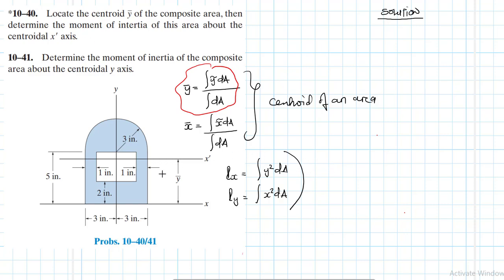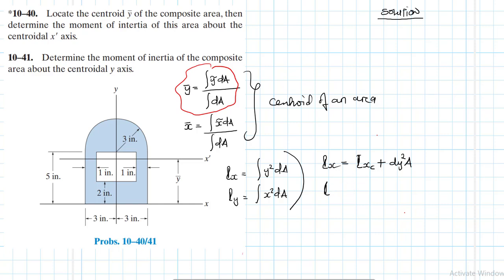So we are going to use the parallel axis theorem. For moment of inertia about the x-axis, we'll have I sub x is equal to the centroidal moment of inertia plus dy squared times the area. This dy is the distance from a given area's centroid to the axis where we want to find the moment of inertia. This is the parallel axis theorem.